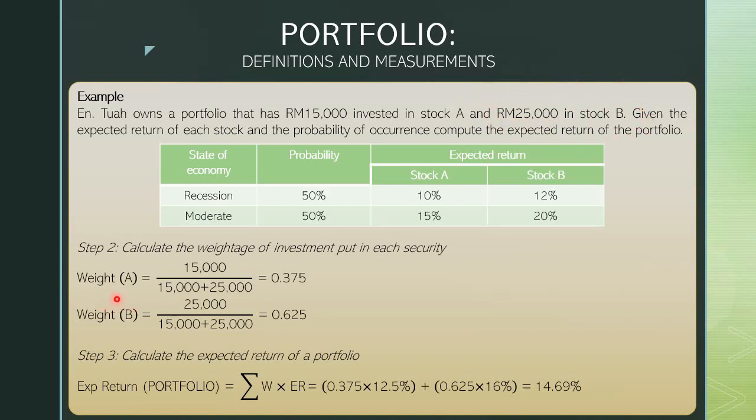So we calculate weight A, invested in stock A is 37.5%, meaning that Encik Tua has invested 37.5% of his money in stock A and 62.5% of his money in stock B. Then we can calculate the expected return, which is the sum of the weightage times the expected return that we've calculated previously. And then you get the return for the portfolio to be 14.69%.